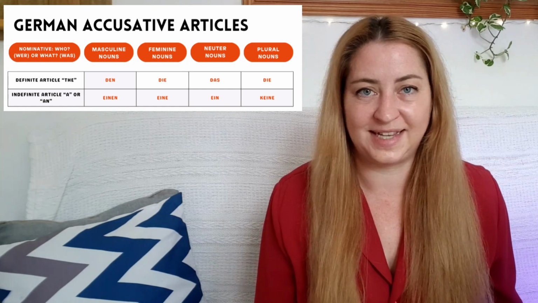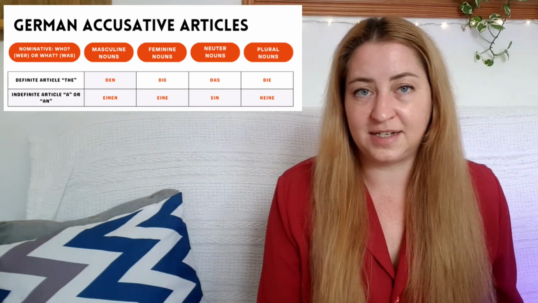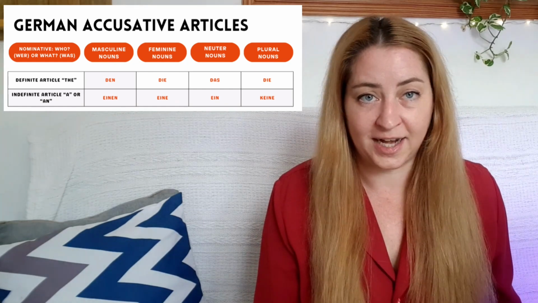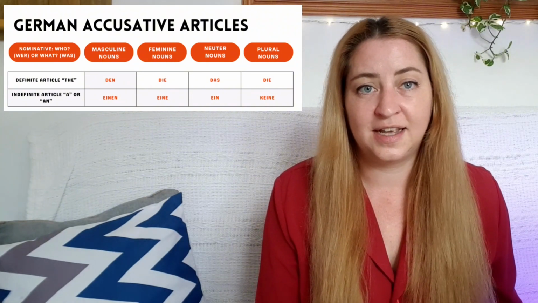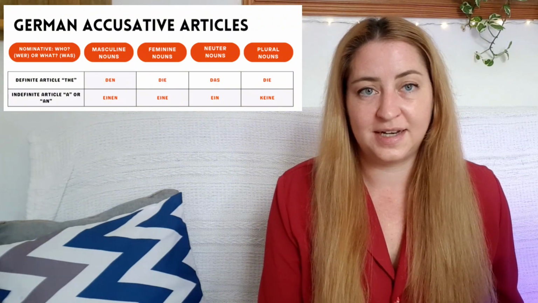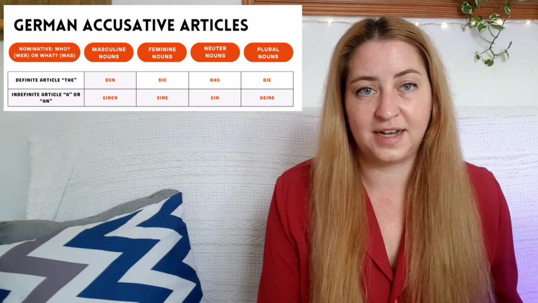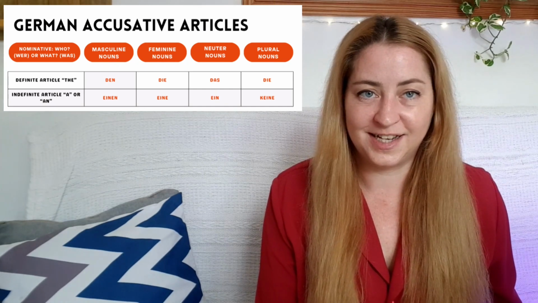The rest stay the same. And the indefinite articles are einen. It changes from ein to einen. Eine, feminine, ein, neuter, and keine for plural. So you can see that only the masculine noun articles change in the accusative case. The feminine, neuter, and plural articles stay the same. That means you only need to memorize 2 more forms.